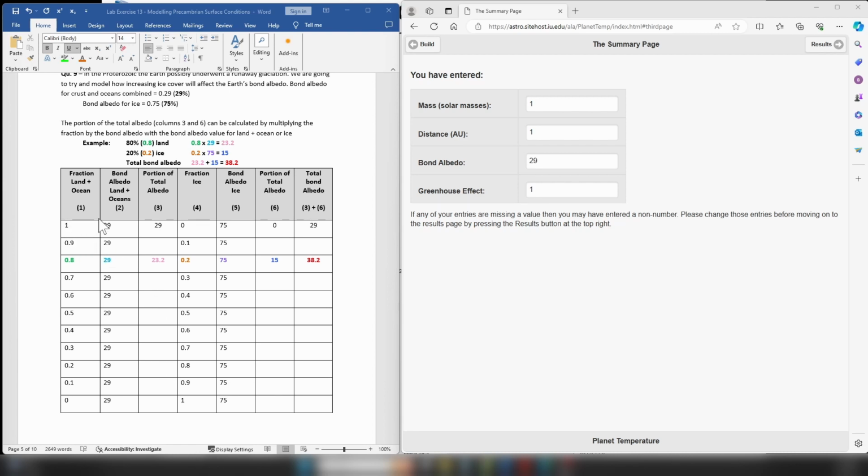So the example calculation here is given for a situation where the Earth's surface is 80% land plus ocean and 20% ice.